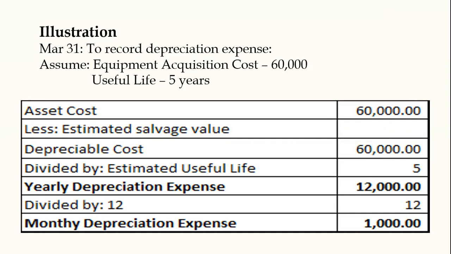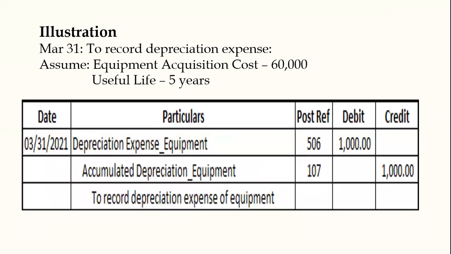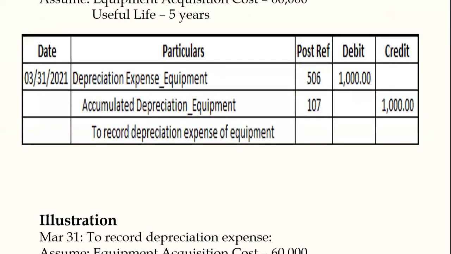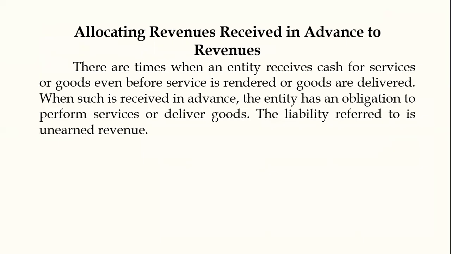That's why the correct answer is 1,000. That's why ang ating record, mayroon tayong depreciation expense equipment 1,000 debit and accumulated depreciation equipment credit 1,000. Okay, I hope those are clear.